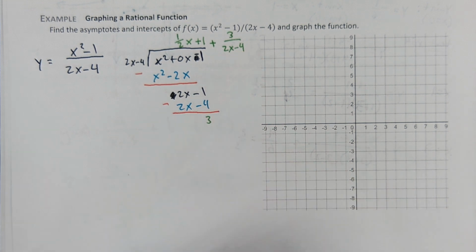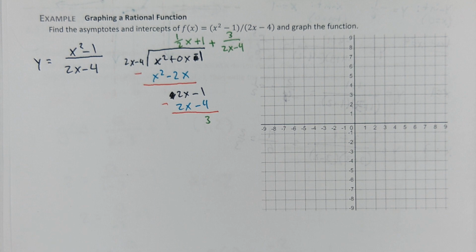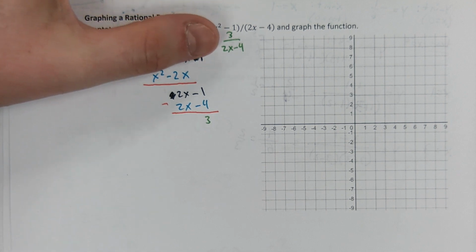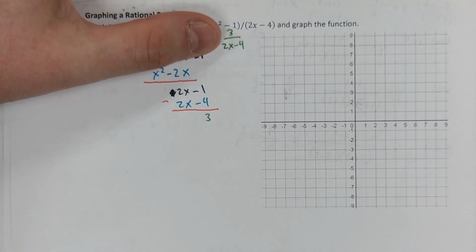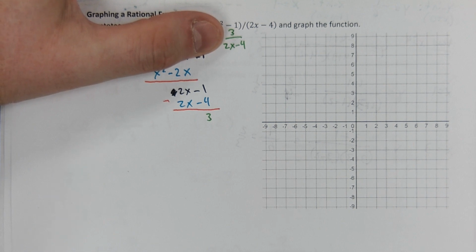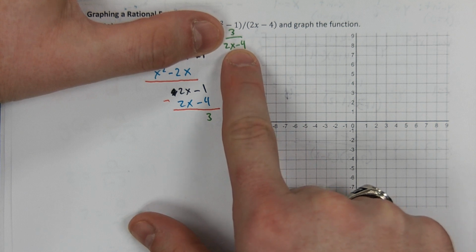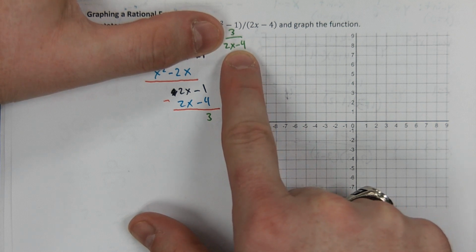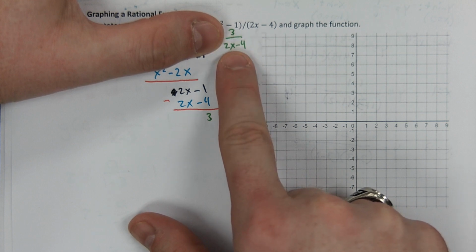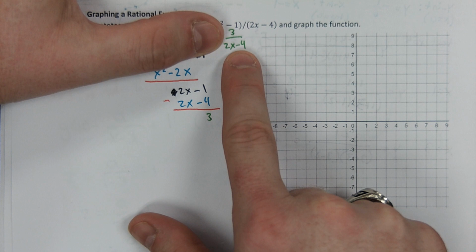So as the x values get really, really, really, really big, that remainder will become 3 over really, really, really, really big. And 3 over really, really, really big is going to approach what? The bigger the bottom of this fraction becomes, the value of this fraction gets closer and closer to what?